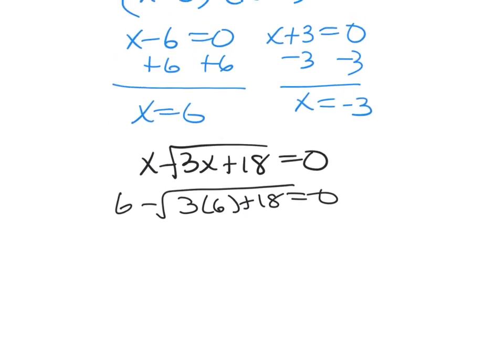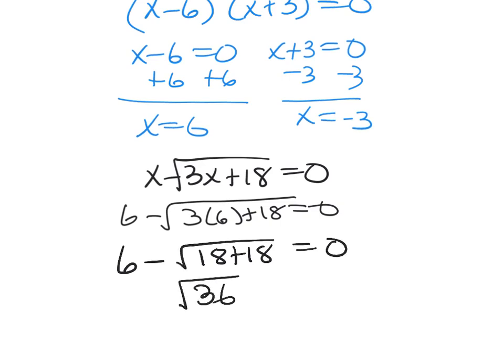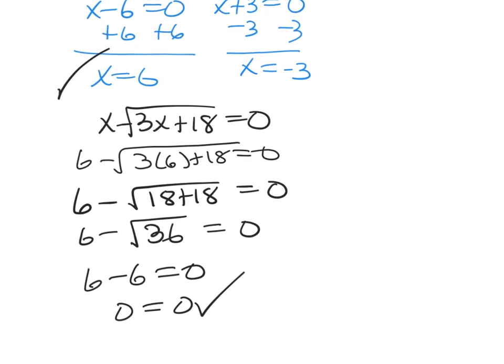And I get 6 minus the square root of 18 plus 18. 18 plus 18 is 36. When I square root the 36, I get 6. 0 equals 0. This one checks. Now let's try the negative.